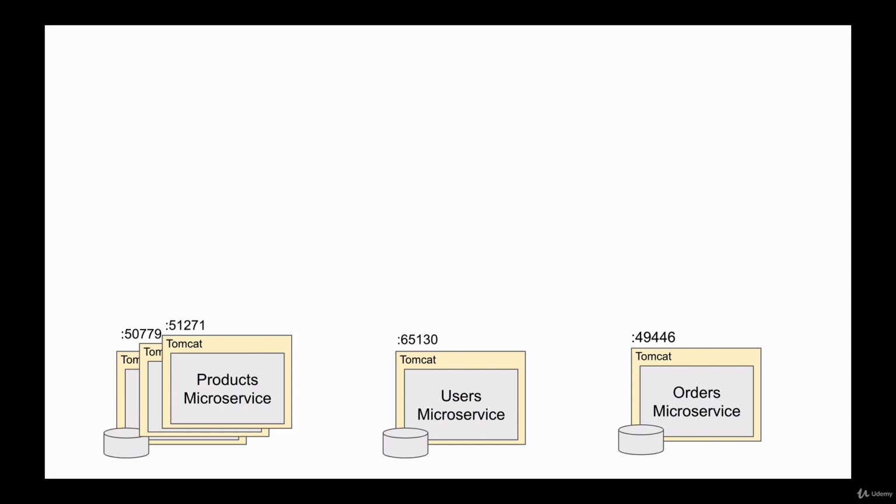But this also brings a challenge. Let's say you have a client application that used to communicate with your single monolithic application via a single port 80. It was possible because you had only one single application running on a single port number. But now you have split your application into multiple microservices. And to scale up the products microservice, you have even started multiple instances of it, each running on its own port number.